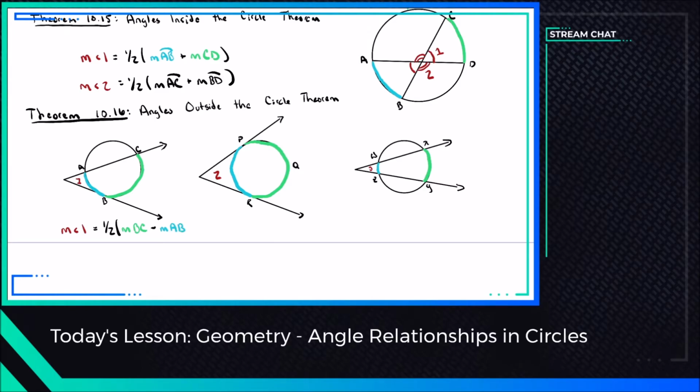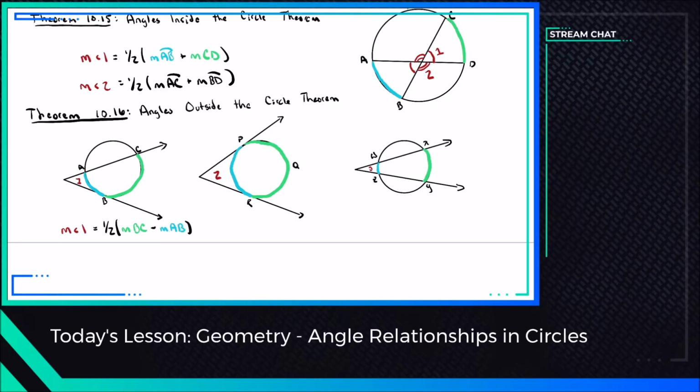The reason why we're taking the bigger one first is if we take the smaller one first, we'll get a negative number, and you can't have a negative angle. So you just take the big one, subtract the little one, take 1/2 of that, and that is the measurement of the angle. So it's the exact same formula as our inside the angle theorem, except instead of having a plus, we're going to have a minus.